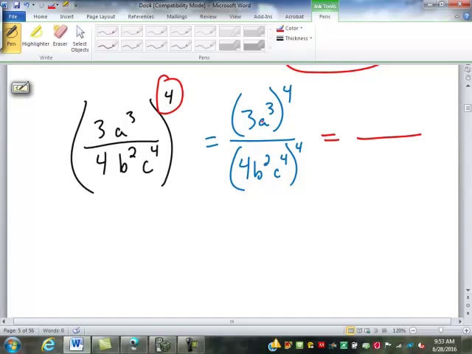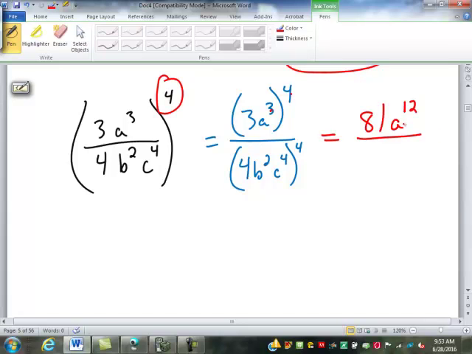Careful. 3 to the third would be 27. 3 to the fourth is 81. A to the 12th. Good. 3 times 4 makes 12. A to the 12th. Any questions where that 81 A to the 12th came from?